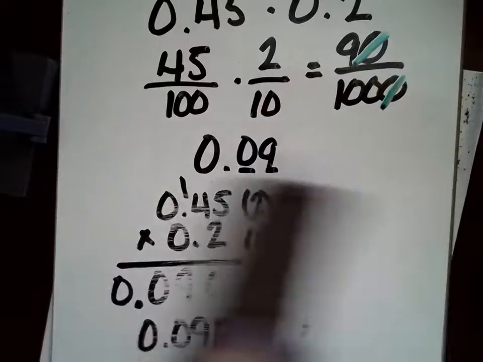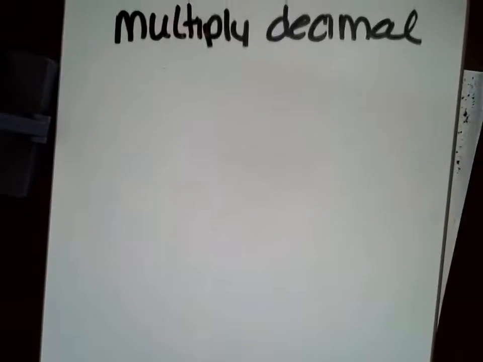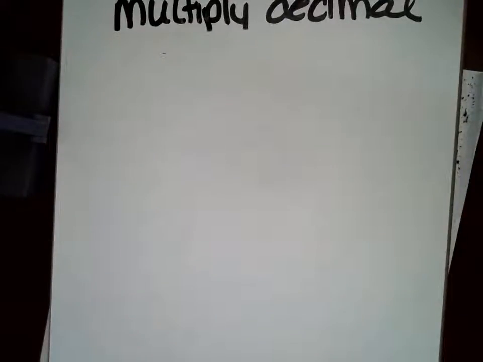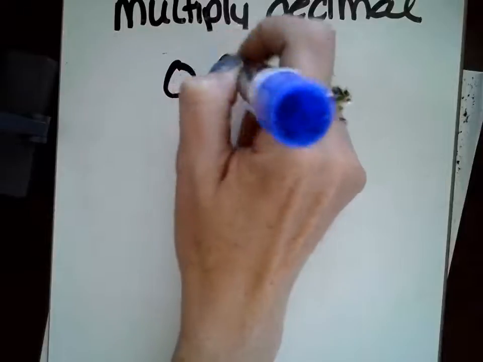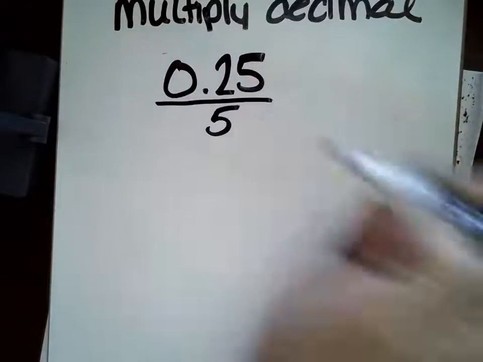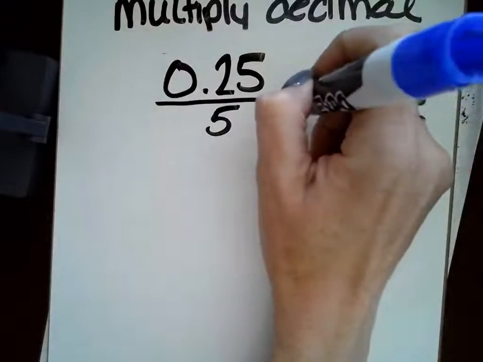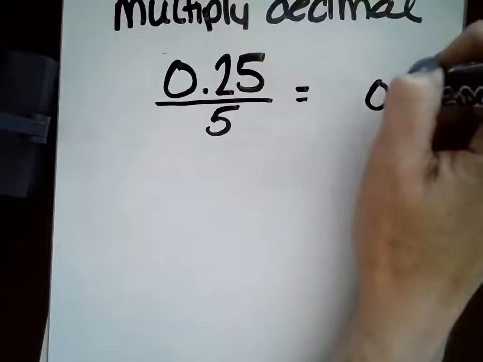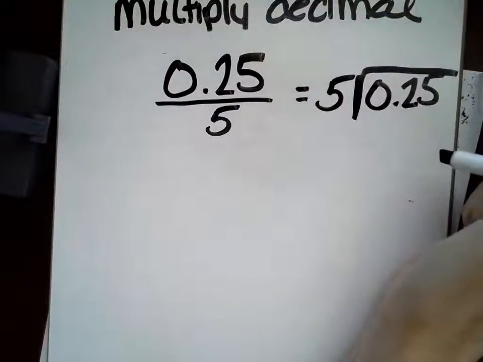Dividing decimals by a whole number is pretty straightforward. If we need to take 25 hundredths and divide by 5, we can set this up into our long division. Our numerator goes in, divided by 5.